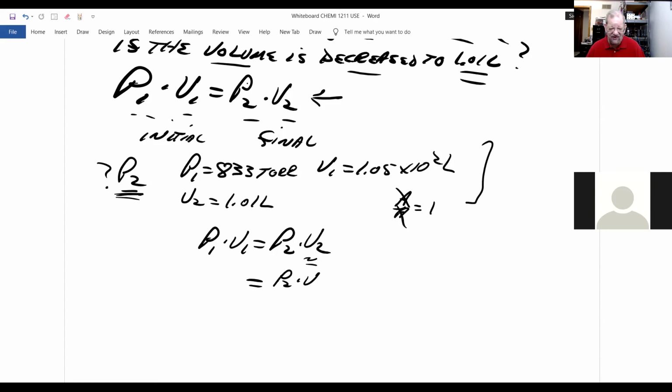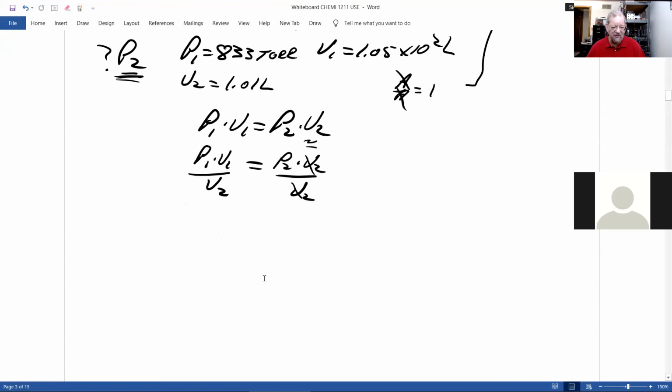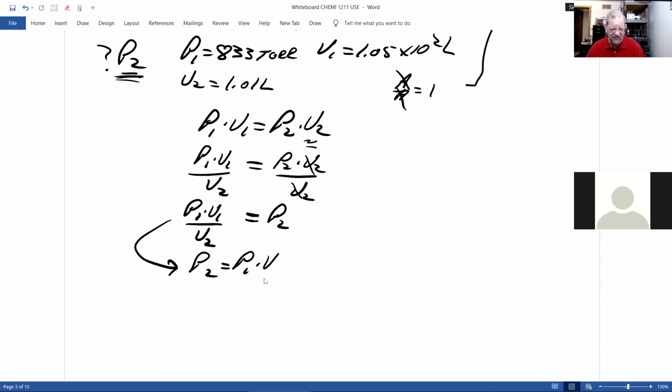So if I divide this side by V2, this will be gone. But whatever I do to one side, I have to do to the other. That's important. And now I'll rewrite this first. P2 equals P1 times V1 over V2. And because I like to, you don't have to, but I do, I'll rewrite it this way.